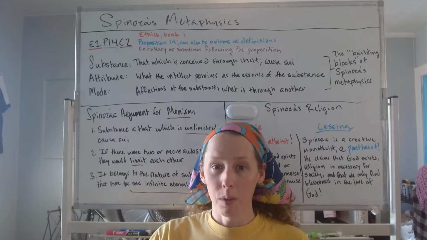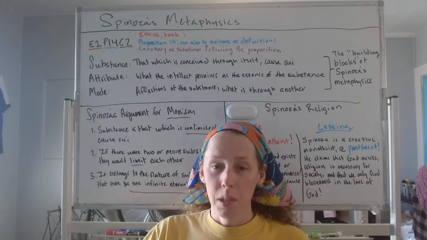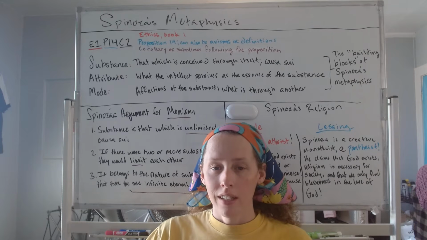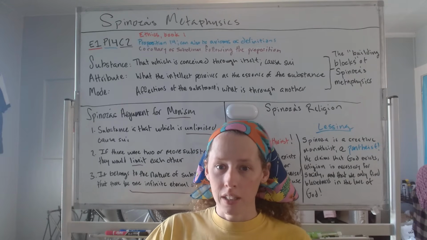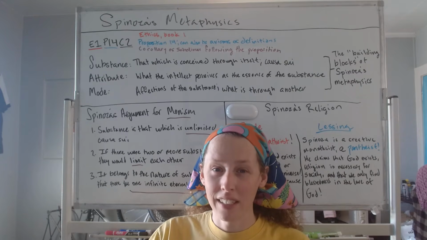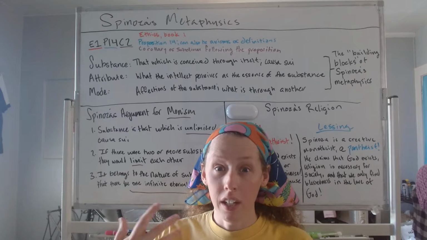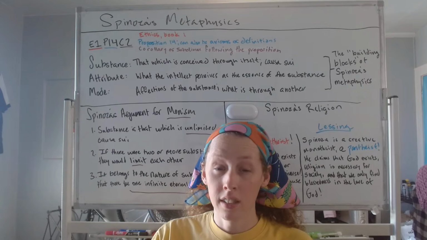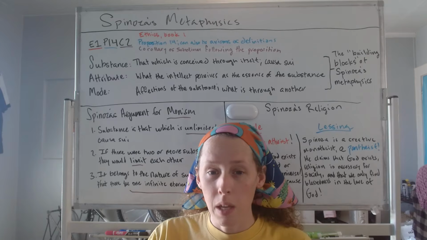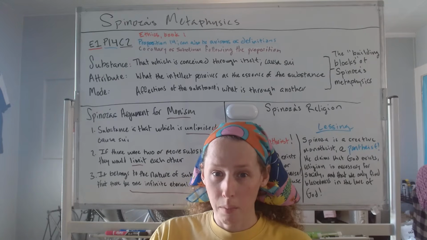But what's important now to note is that Spinoza is going to demonstrate that there's one and only one substance in the universe, and that is a necessary fact about the essence of substance. So if you understand what substance really means, then you should know, consequently, that there can be one and only one substance, right?